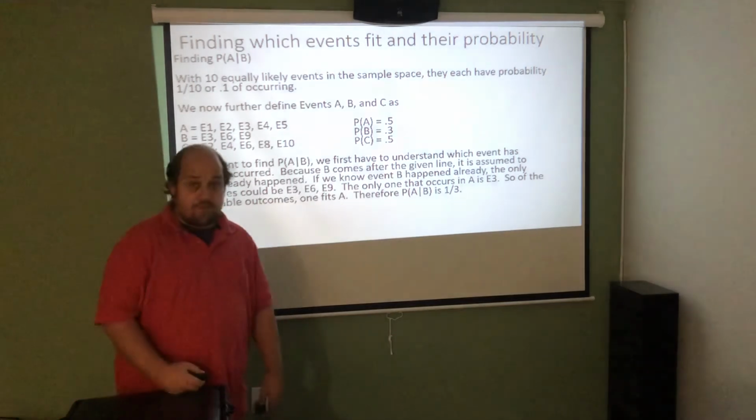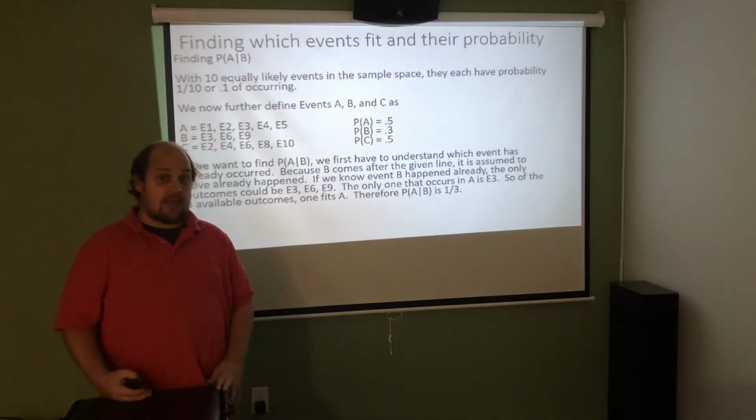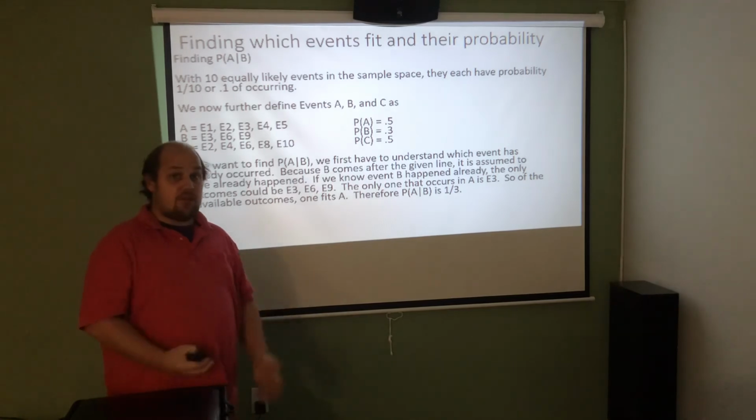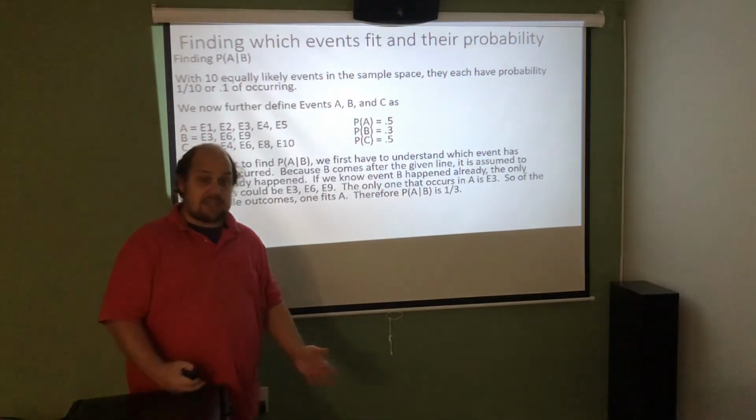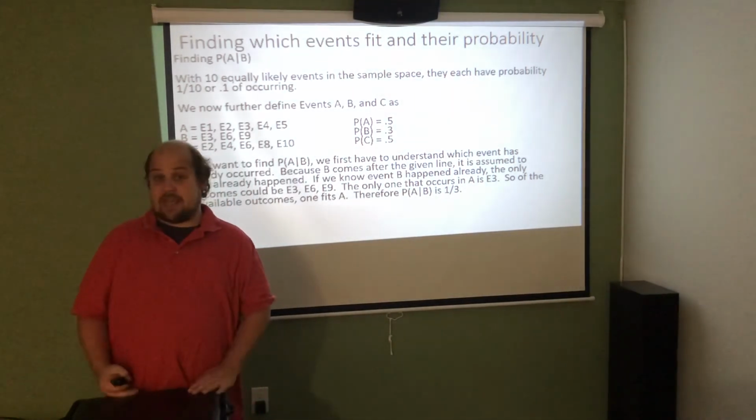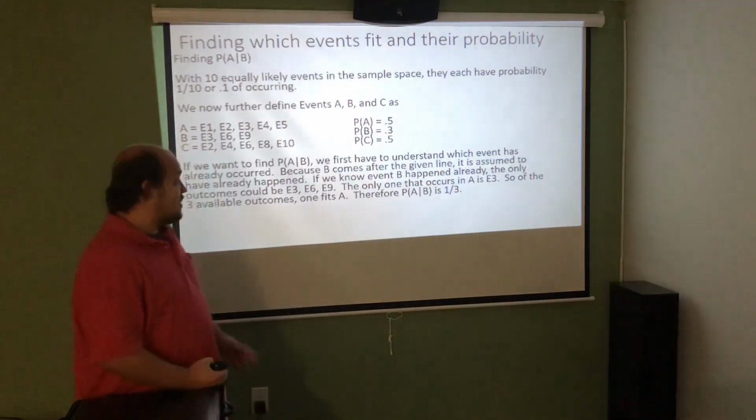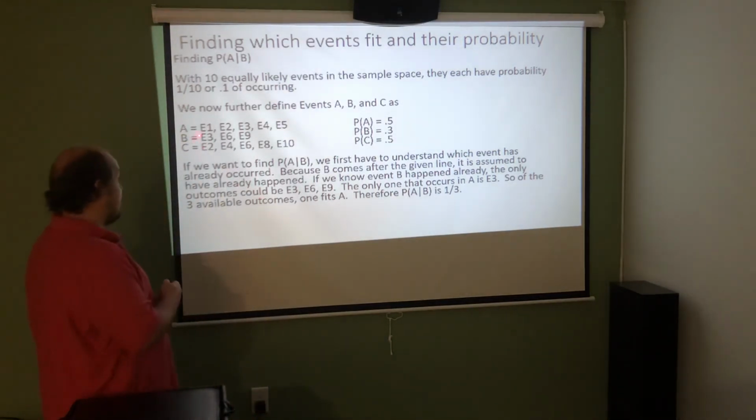So we're using the formula, we're also using our ability to look at what is in the sample space versus what counts as being in both sets. So here, sample space is limited since it's after the given line B to these 3 events, 1 of which is also in A. That's how I get 1, the events that I'm allowed to use from B that are also in A, divided by the total number of events in B, because it's what came after the given line.